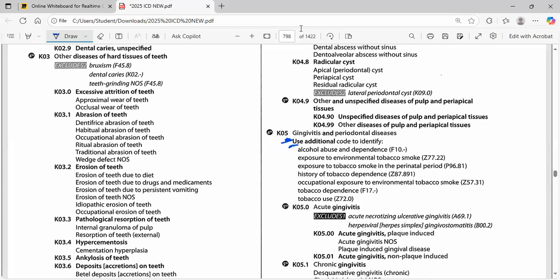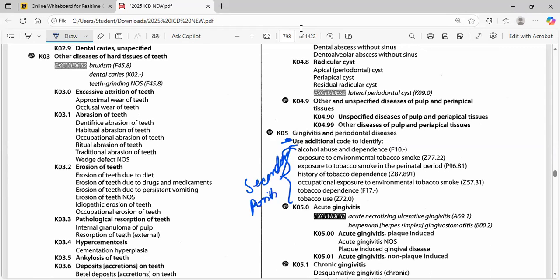We have to use additional instructions which will tell us that we have to use an additional code to represent whether the patient is using any alcohol or anything. So use additional will tell us that we have to use any code listed from the series at the secondary position.